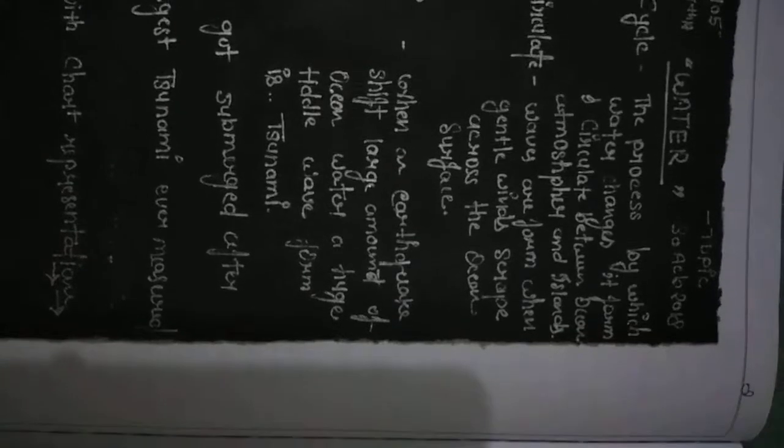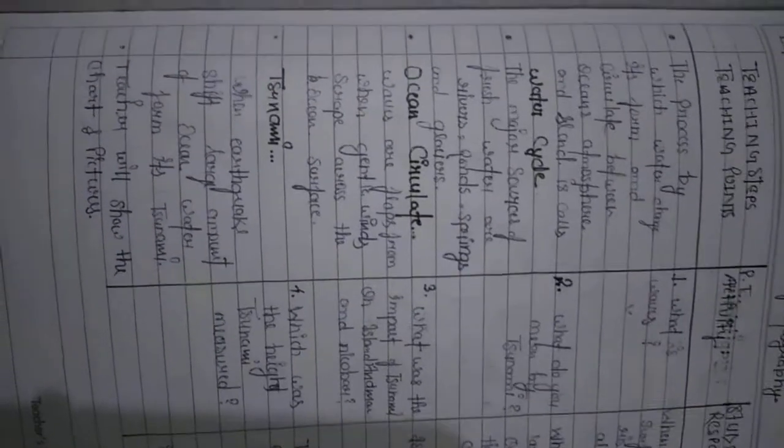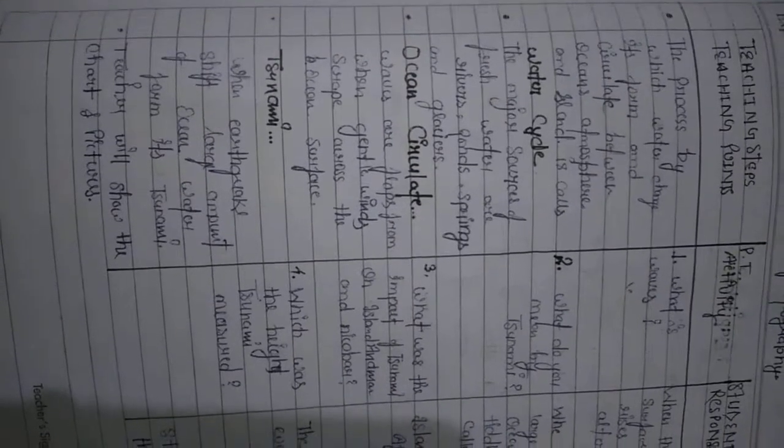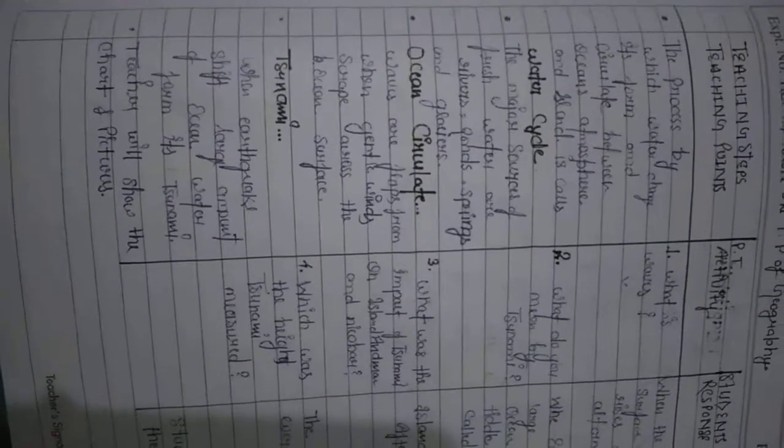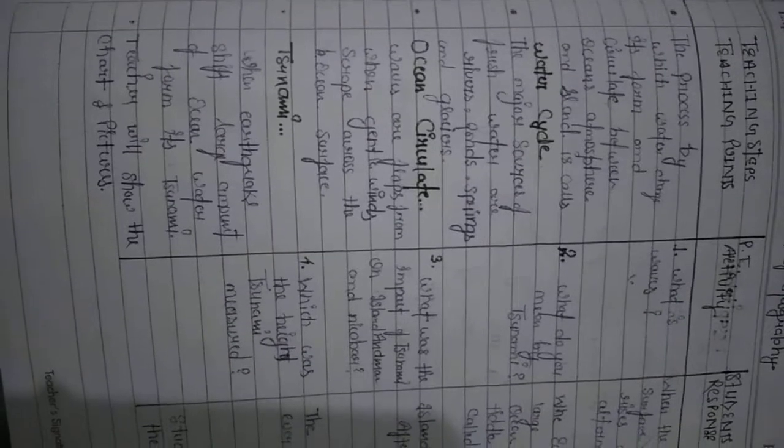Ocean circulation: here I am also mentioning waves are formed when gentle wind scrapes across the ocean surface. And the next is ocean circulation. Waves form when gentle winds cross the ocean surface.